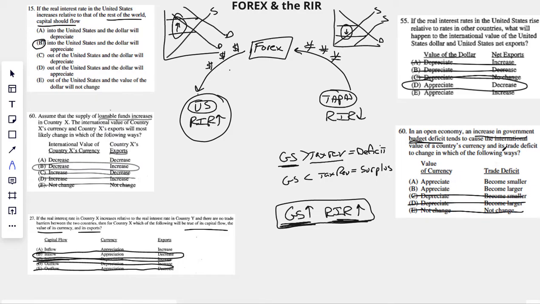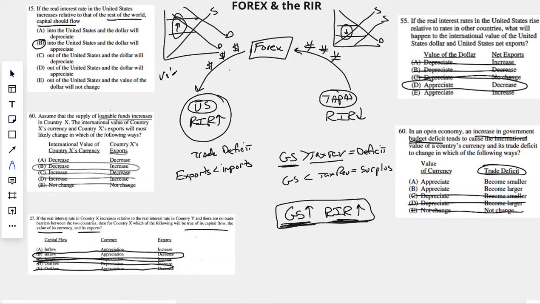But then they kind of trick us around here and they say, well, what's going to happen to the trade deficit? Now, to understand that, you have to know that a trade deficit, tricky, is when your exports are less than your imports. So think about this.